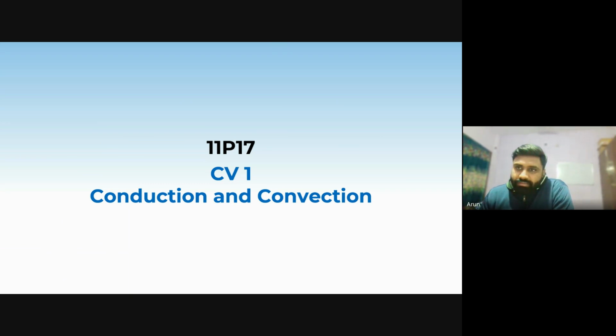Now specifically in this topic, in your syllabus, we are only focusing on the mathematical treatment of conduction, because convection is a very complex thing, and radiation we are also going to see.